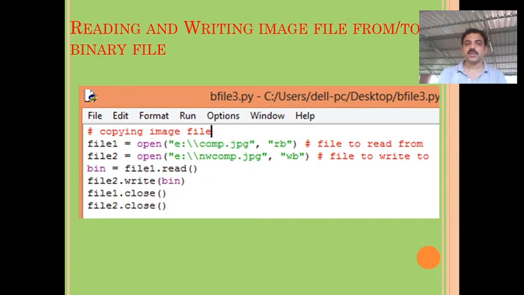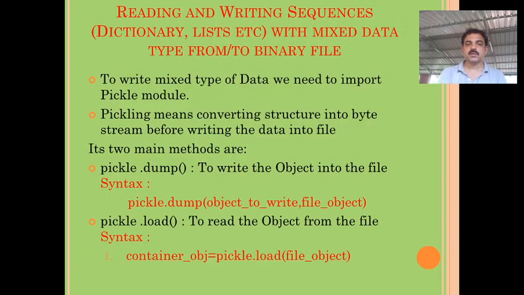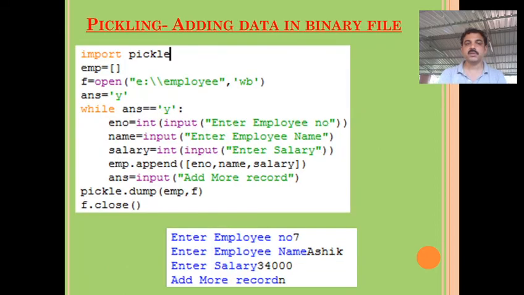So you can copy a PDF file or image file from one to another, but using pickling it will be easier. So you need to import the pickle module, then use two functions, pickle.dump and pickle.load. Pickle.dump is to write to the binary file. Pickle.load is to read from the binary file.